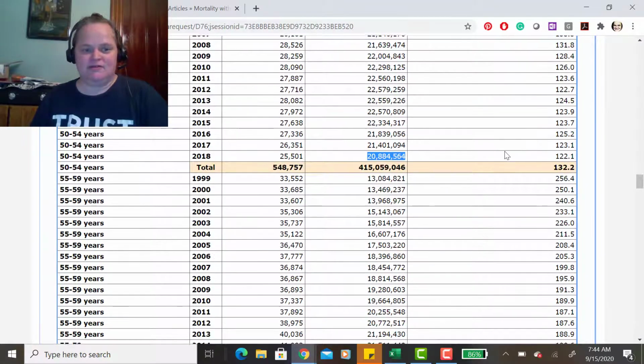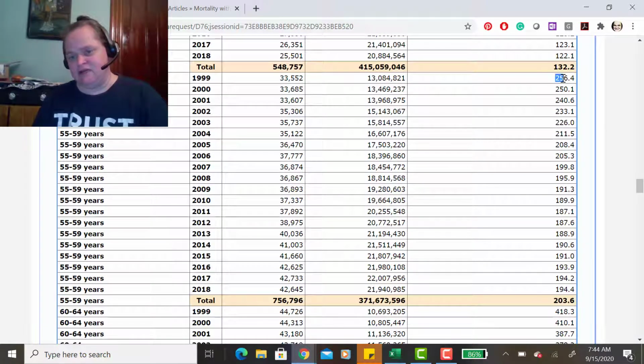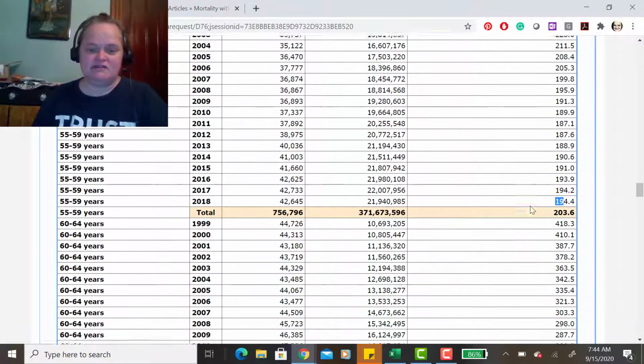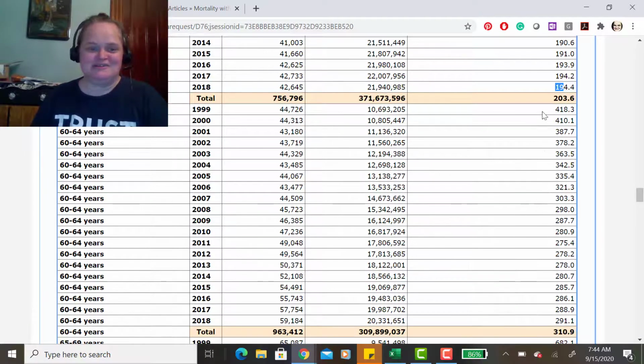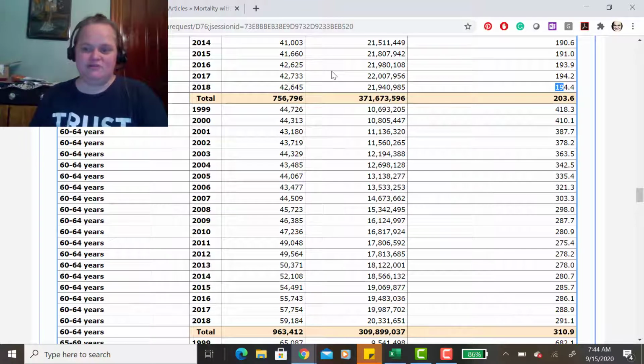Okay, so let's really start getting into it. 55 to 59, so 0.26% down to 0.19%, not too shabby. Now it's really looking good. 60 to 64, 0.4% down to essentially 0.3%.